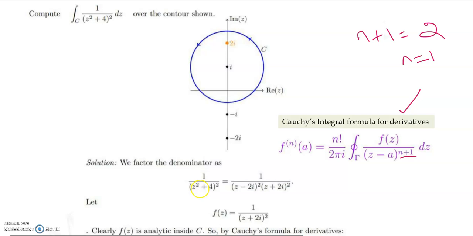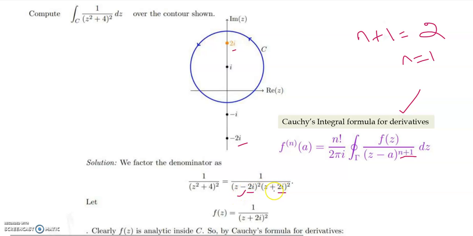Now see here, first you factor this z squared plus 4, so that you will get (z minus 2i) whole squared times (z plus 2i) whole squared. And you see here, this is the point, here 2i, here minus 2i. Which is inside? 2i is inside, which means (z minus 2i) squared is inside. So you can keep this in the denominator.